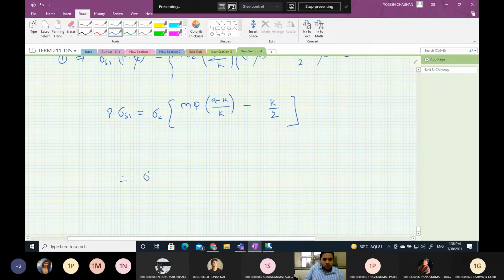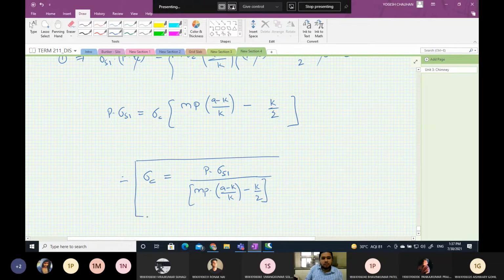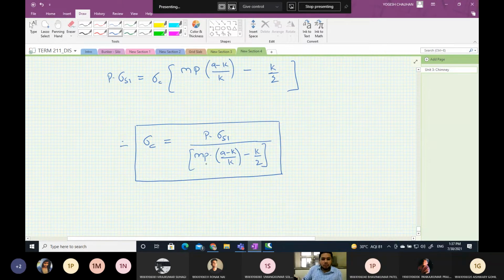So from this we can write sigma C is equals to P times sigma S1 divided by MP A minus K by K minus K by 2. Okay. So a similar expression we obtained in the earlier case with slightly different terms. So let us say this is equation number 4.